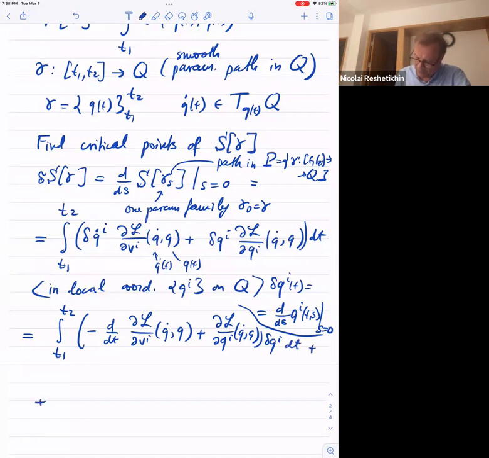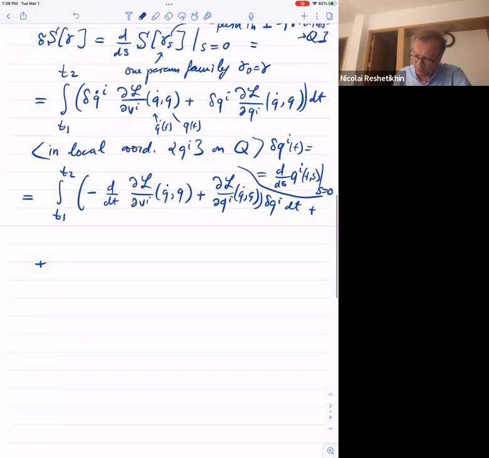Plus, since we integrated by parts, we should take into account boundary terms: delta q^i ∂L/∂v^i (q, q dot) between t1 and t2.